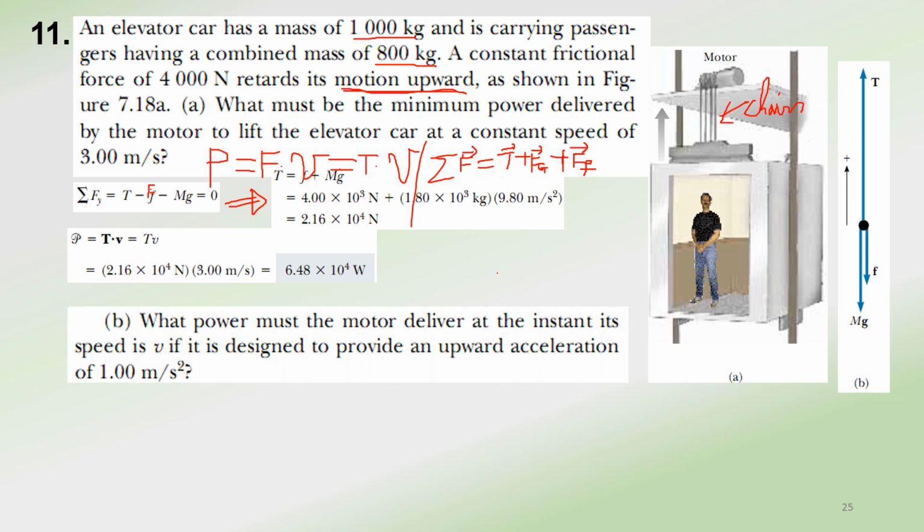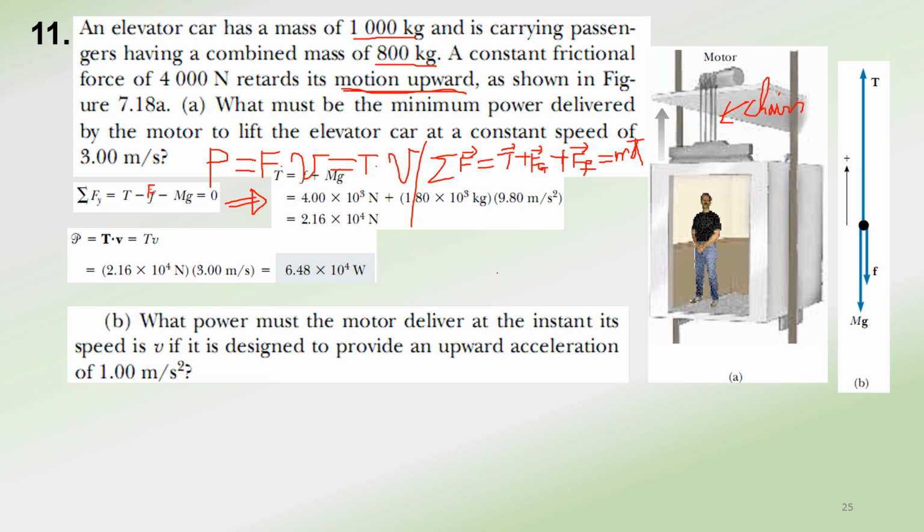In sub-question B, we are asked what power must be delivered when the speed is v with an upward acceleration. In this case, there is an acceleration. In the first case, we set the sum of forces equal to 0. Here it must be equal to mass times the acceleration.